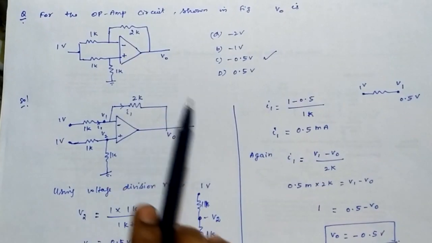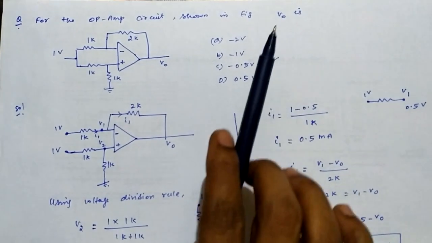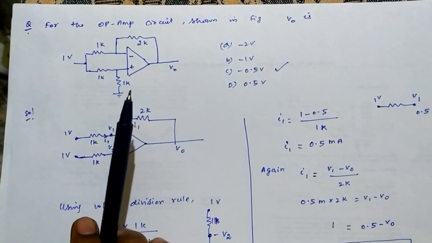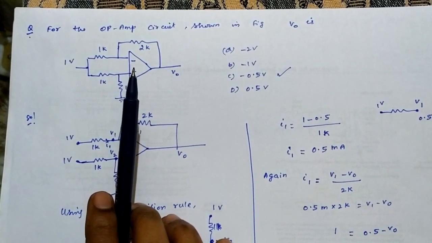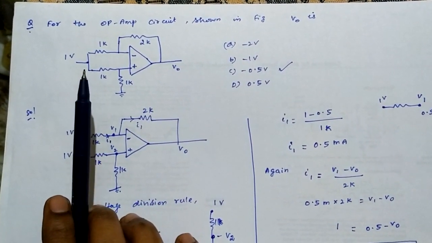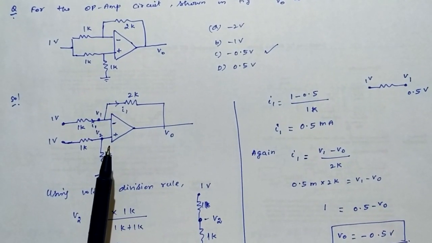So next question, the op amp circuit shown in figure, what will be the output voltage V0? Here both the inverting and non-inverting terminals are supplied with 1 volt. So this circuit can be redrawn like this.